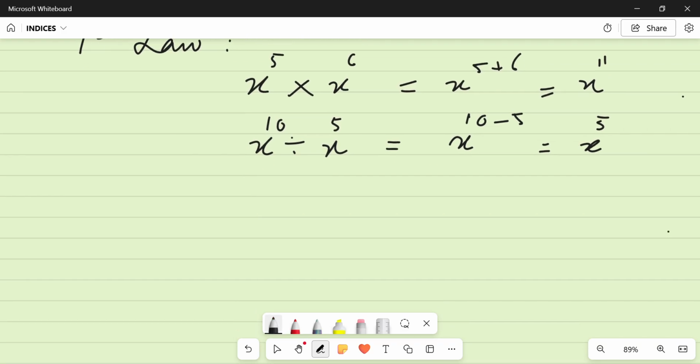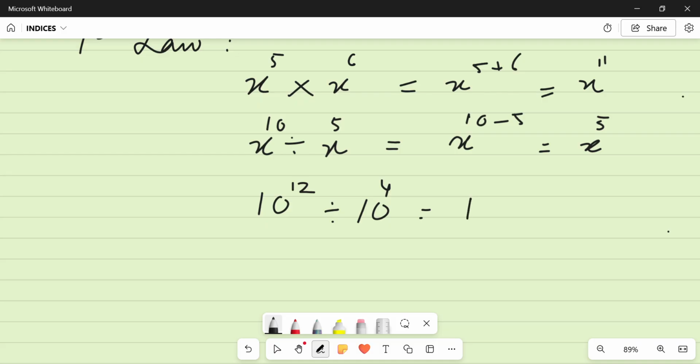Let's do the next example. Here the example is in number form: 10 to the power 12, divided by 10 to the power 4. The first two previous examples were about variables. Now we have numbers here, but the procedure is same.